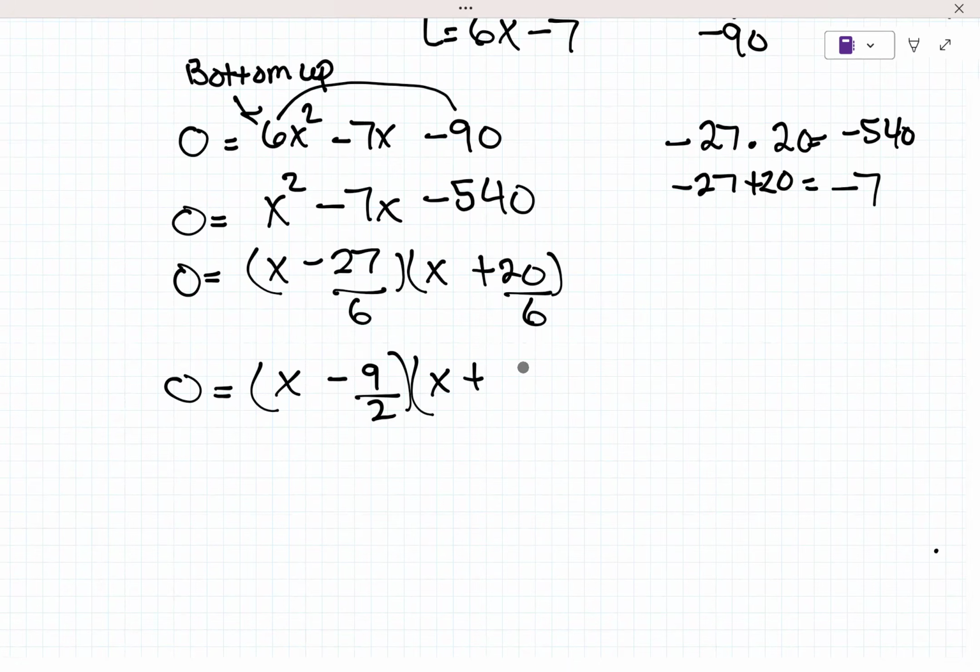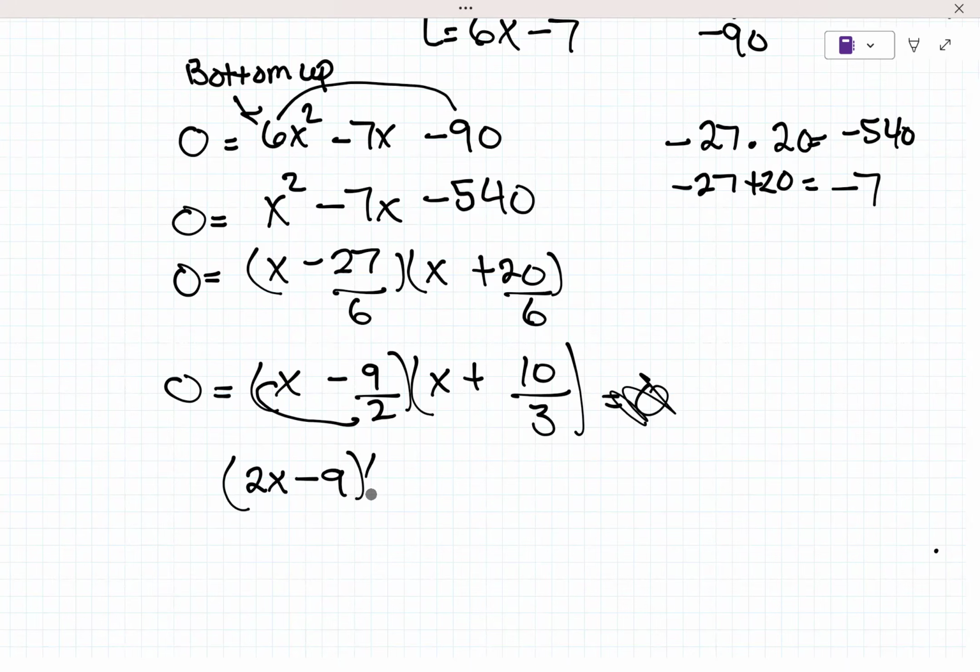So 20 divided by 2 is 10, and 6 divided by 2 is 3. Okay. And then you don't want it as a fraction, so you put the 2 in front of the x and leave the numerator alone. Here, put 3 in front of the x and leave the 10 numerator alone.